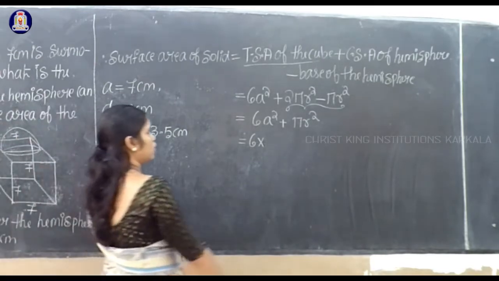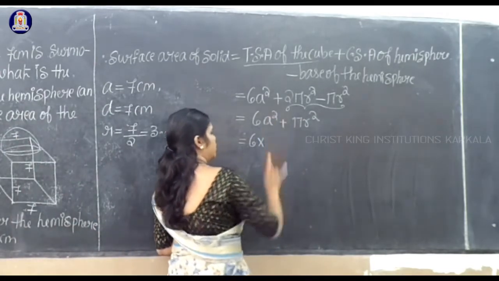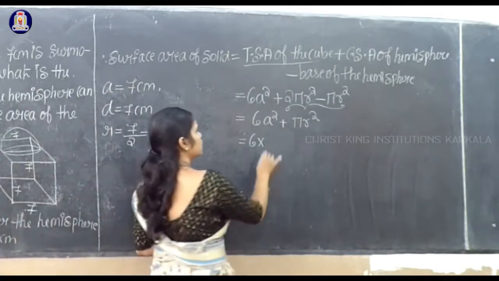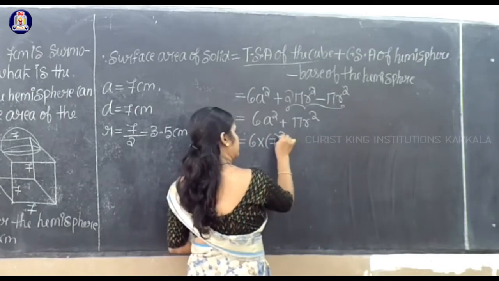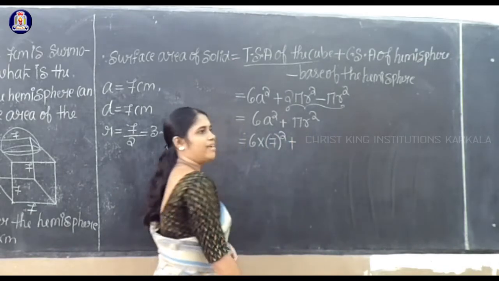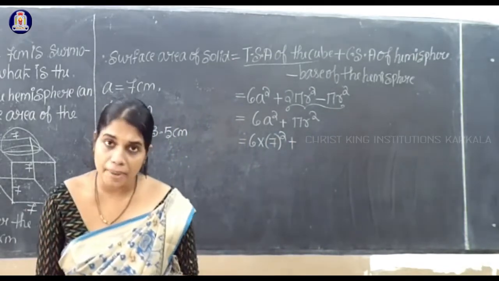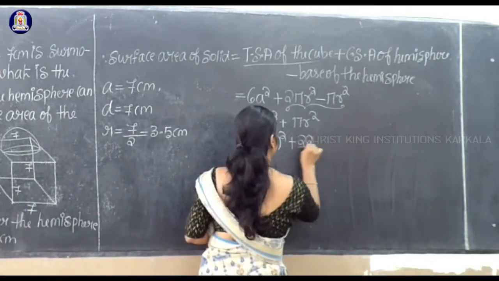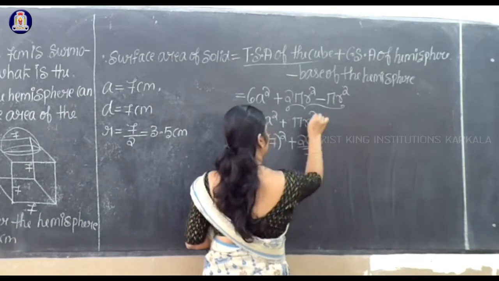Now we'll substitute. What is the value of a here? a is equal to 7, so a square means 7 square, plus the value of pi, which is 22 by 7, into r square.